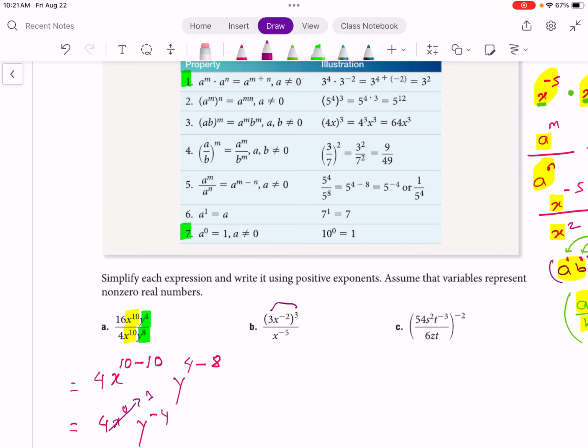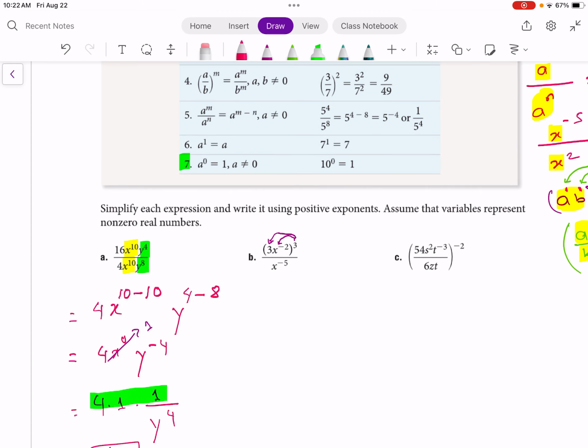This 3 is for 3, and this 3 is for x to the power minus 2. So we give this exponent 3 to each term. We have 3 to the power 3, x to the power negative 2 times 3, which is negative 6, divided by x to the power negative 5. Any question?